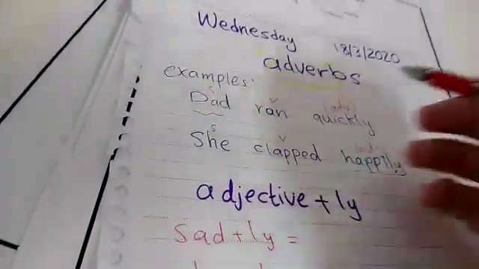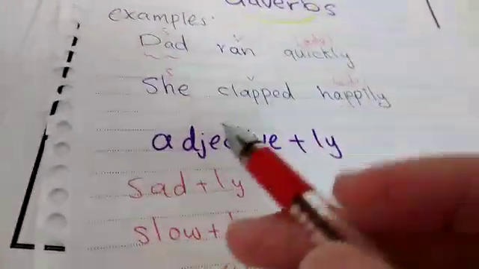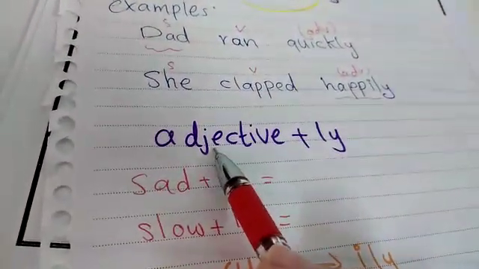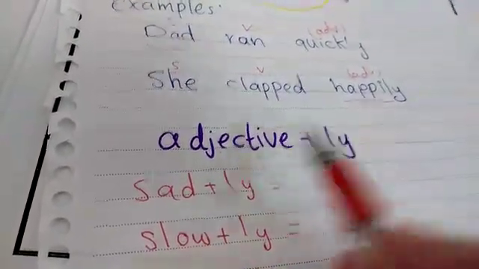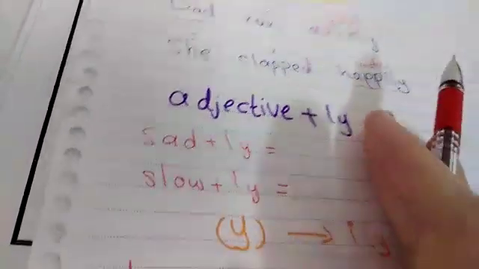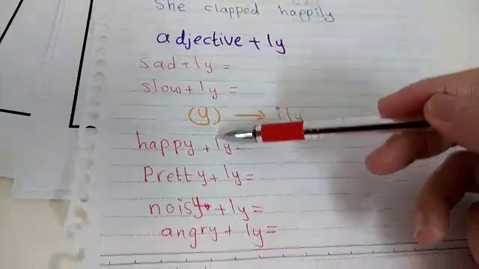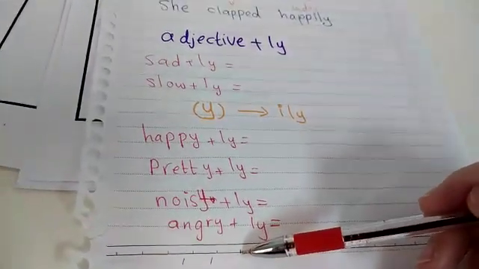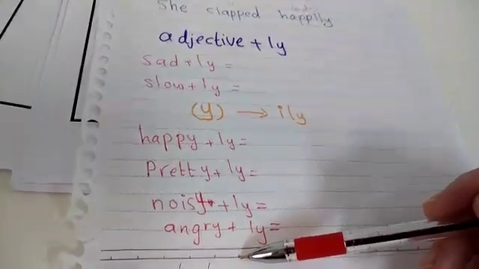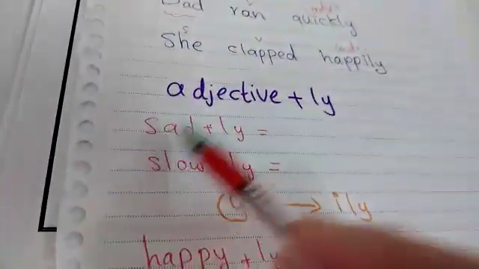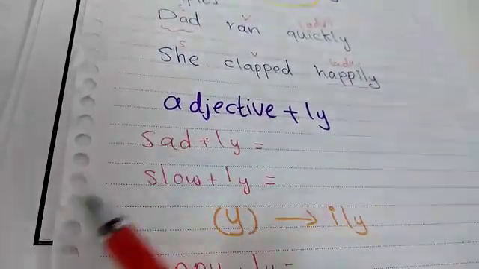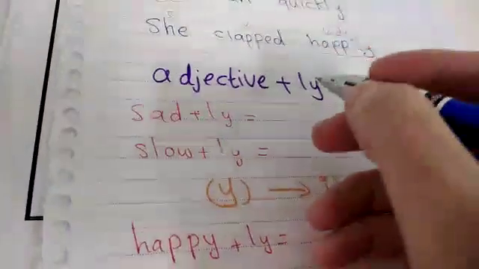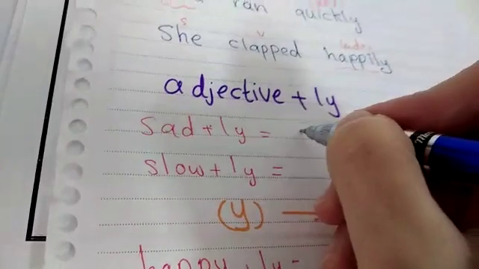So the adverb is an adjective plus ly. We have some adjectives here. I wrote them down here to show you how we can write an adverb. Adjective plus ly makes an adverb.